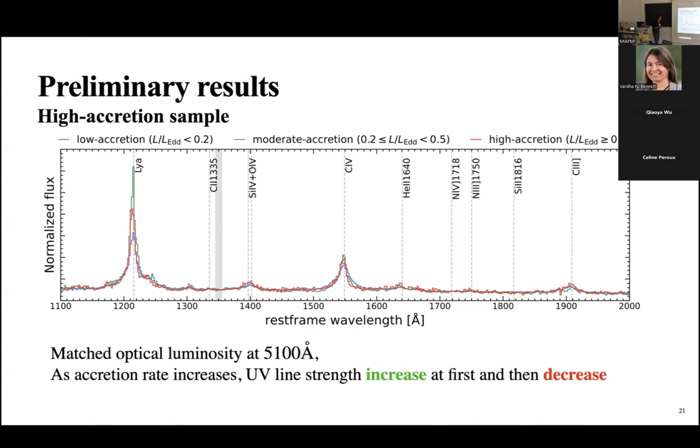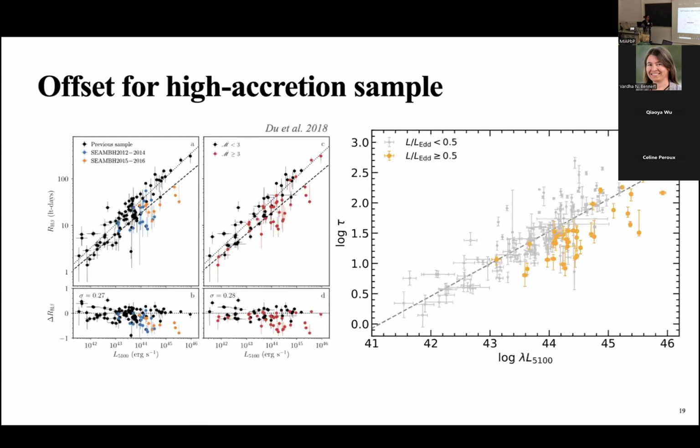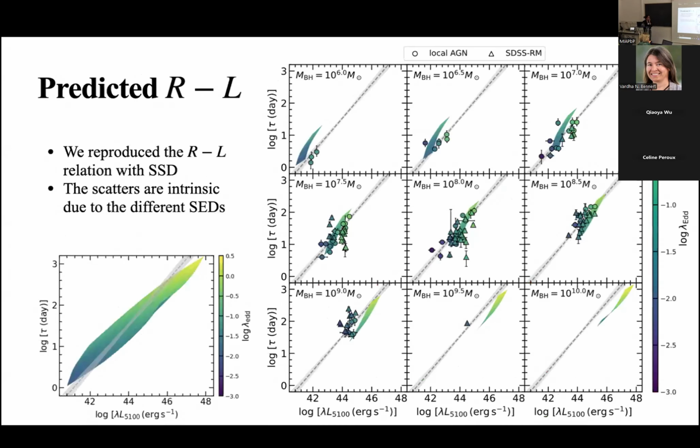Maybe I have a comment about your model and the radius-luminosity relation. This one, yes. If I understood correctly, this is flattening or deviating from the classical one, especially at high luminosity. So the green one is from the classic. Yes. So you are finding smaller sizes at the high luminosity. The effect would be to have smaller black hole masses at high luminosity.